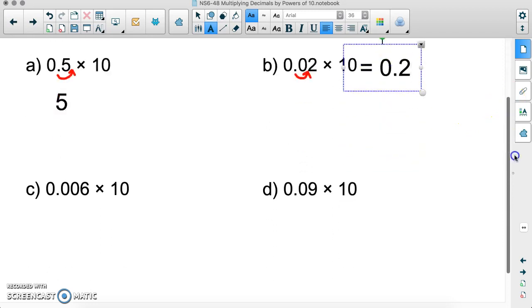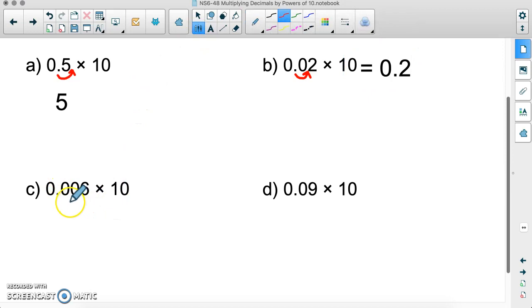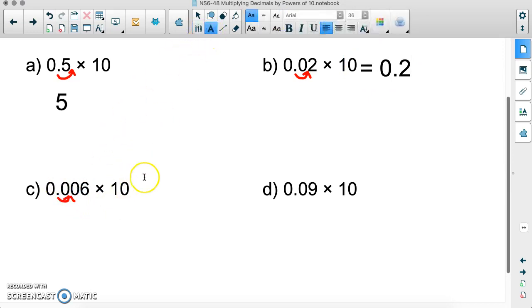Okay. Let's look at C. So if I'm multiplying by 10, again, my decimal is moving 1 place to the right. So I'm going to end up with an answer of 0.06. So it's moving from the thousandths place to the hundredths place.